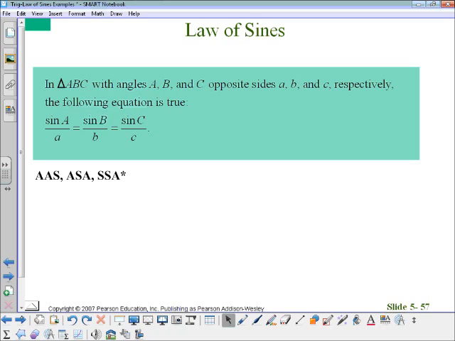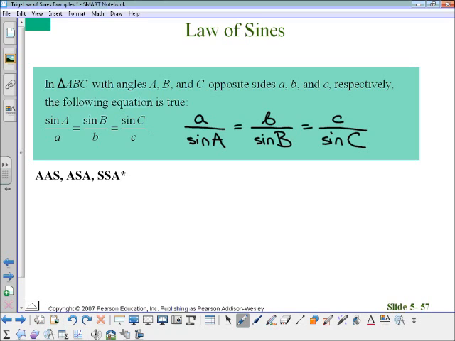Now, first thing you might be saying is, wait, that's upside down from what you showed us in the proof. That is true. I showed you a over sine A equals b over sine B equals side c over sine angle C.